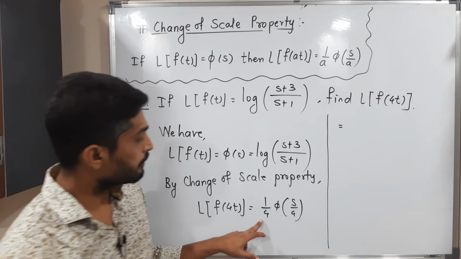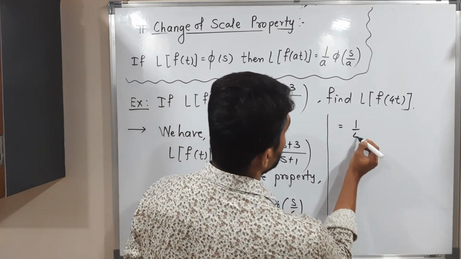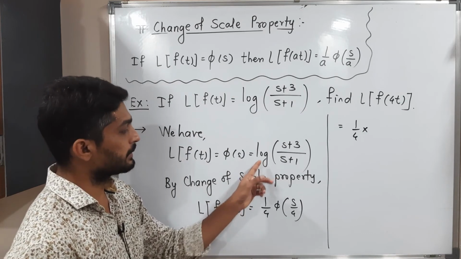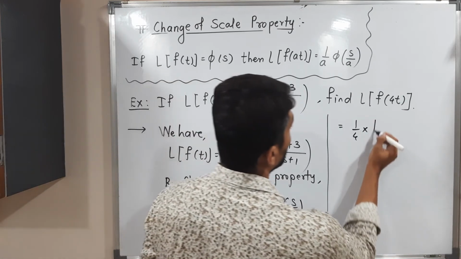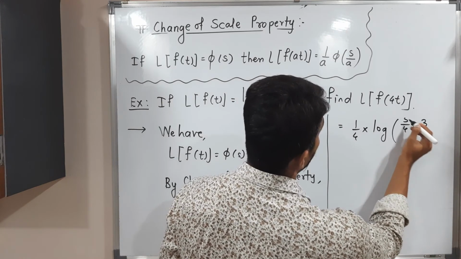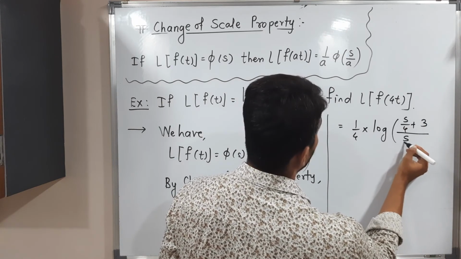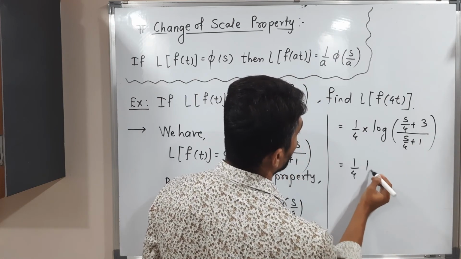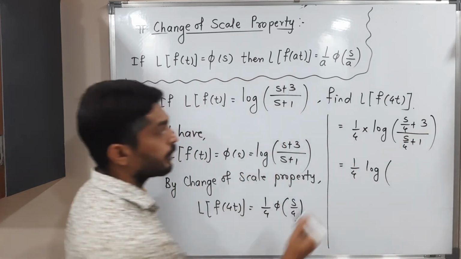So 1 by 4 I am writing as it is into phi, and let us replace s by s by 4. So log of s by 4 plus 3 divided by s by 4 plus 1. So this is equal to 1 by 4 log, we can cross multiply.